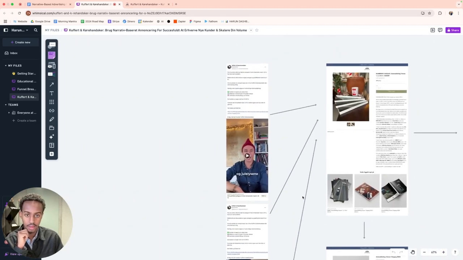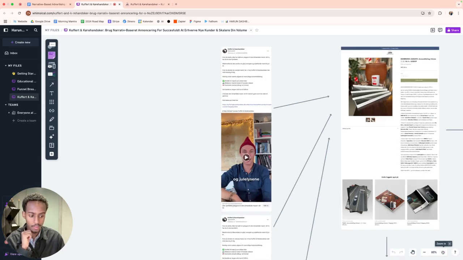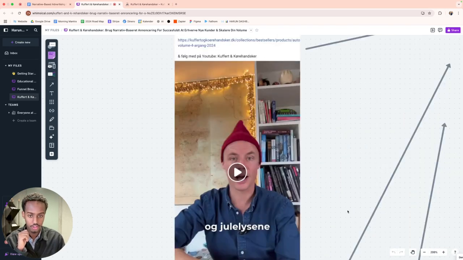And if I zoom in a bit further, you can see that we currently have a narrative that is based around Christmas, where we have a specific angle targeting people who are in the same family as men that love cars, and we are essentially telling those people that you need to purchase this specific book for your man this Christmas instead of just giving him socks as usual.